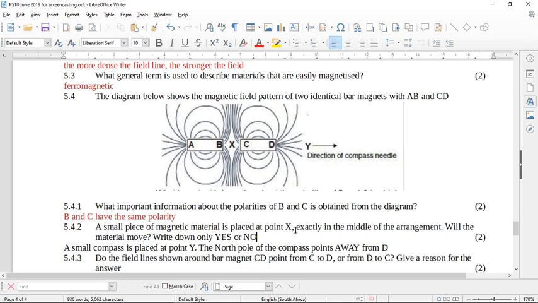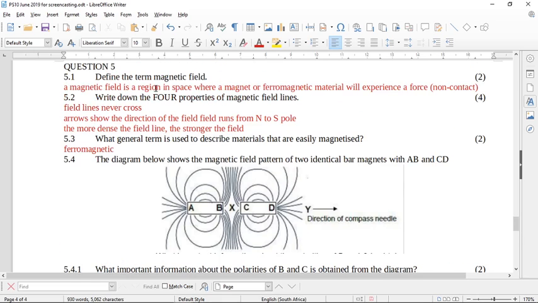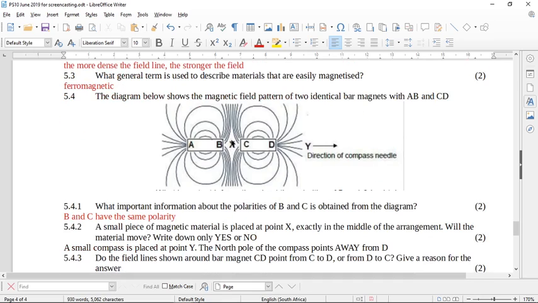A small piece of magnetic material is placed at point X exactly in the middle of the arrangement. Will the material move? Now, what is a magnetic field? A magnetic field is a region in space where a magnet or a ferromagnetic material will experience a force. Is there any field at X?